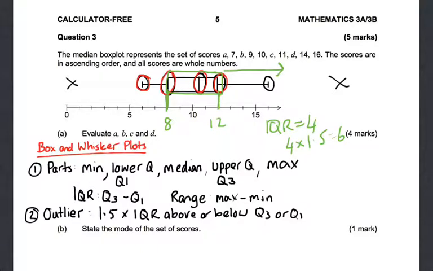So if the upper quartile is 12, if a score was, say, 18 or higher, then that would be considered an outlier. And at the bottom end, 8 take away 6 is 2, so if a score was less than 2, then that would be considered an outlier as well. So that's something to take into consideration. That's something fairly important. So an outlier is 1.5 times the interquartile range above or below the upper quartile or the lower quartile.